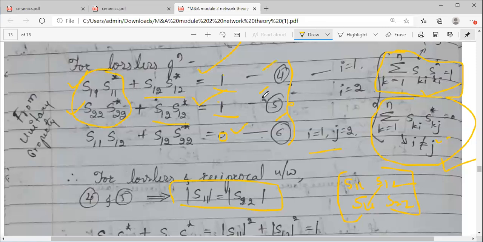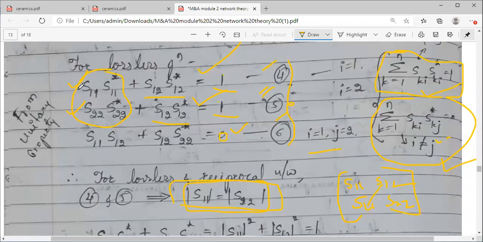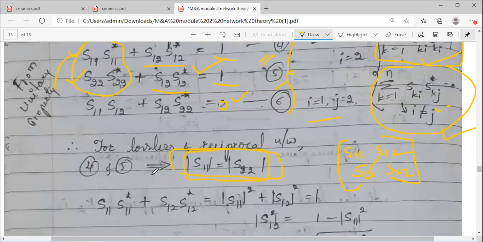So from equations 4 and 5, what happened? I equated S11 and S22. That is one done. And we already know from the symmetric property that S12 and S21 are both equal. Then further, take any one equation, say either 4 or 1, or 4 or 6, whatever. I can take the first equation: S11, S11 star plus S12, S12 star is equal to 1.